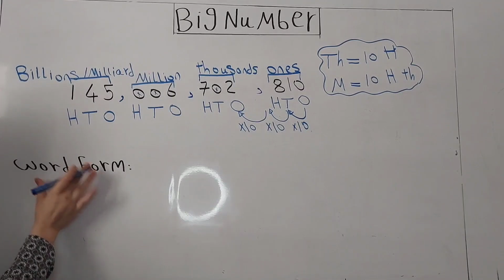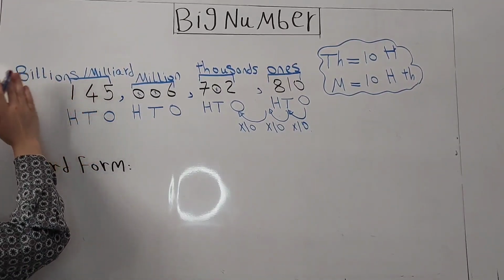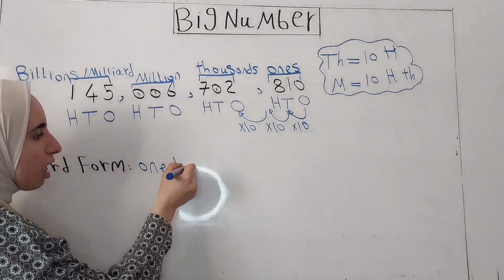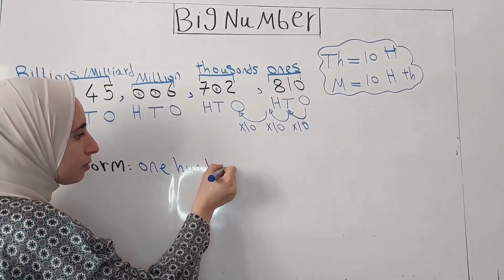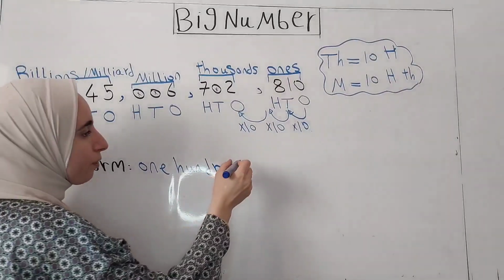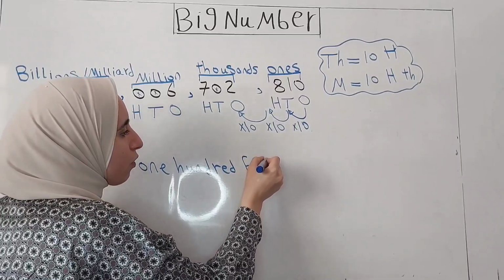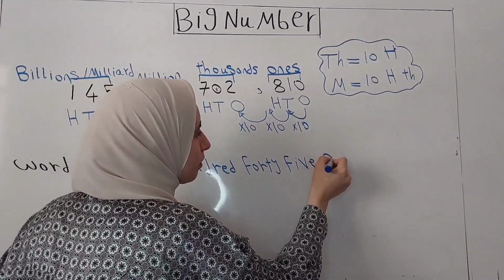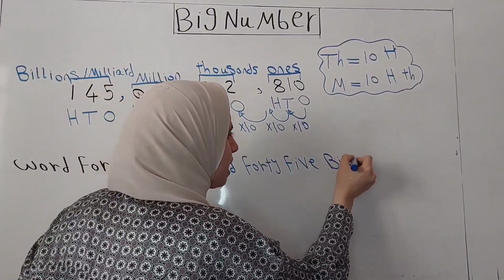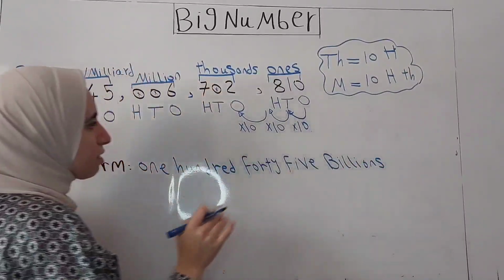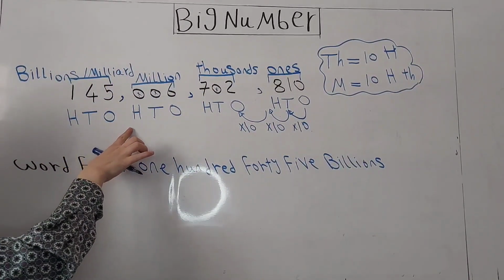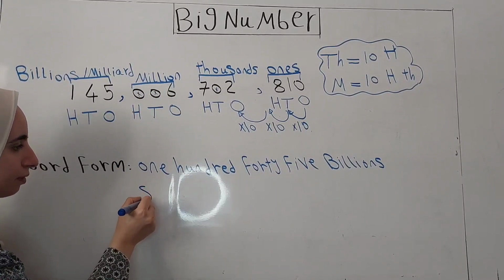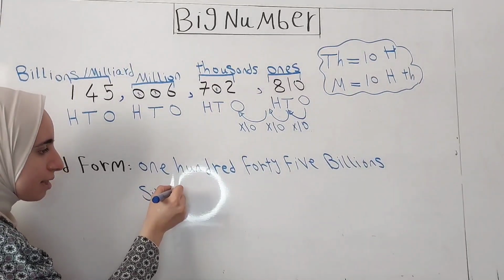Then we read as follows: 145 billions. Then 0 not read, 0 not read, 6 millions.